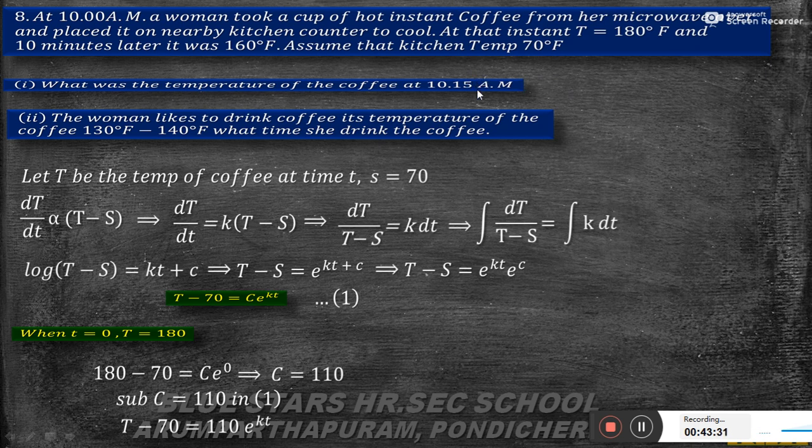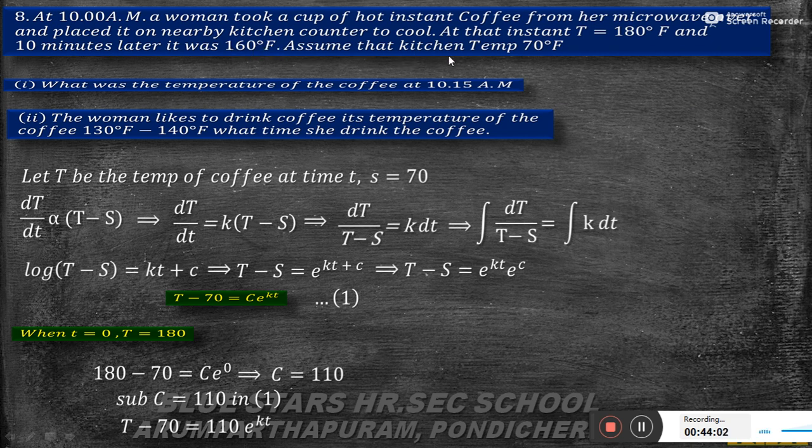So now, 8th problem. At 10 a.m. a woman took a cup of coffee from the microwave oven and placed it on a nearby kitchen counter to cool. At that instant the temperature is 180 degrees Fahrenheit, and 10 minutes later it was 160 degrees Fahrenheit.